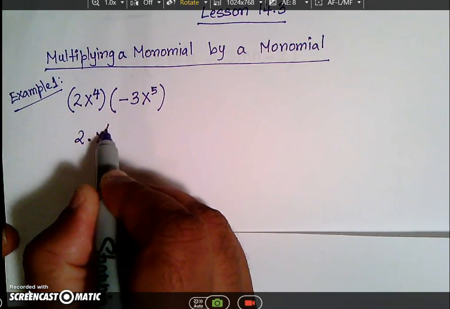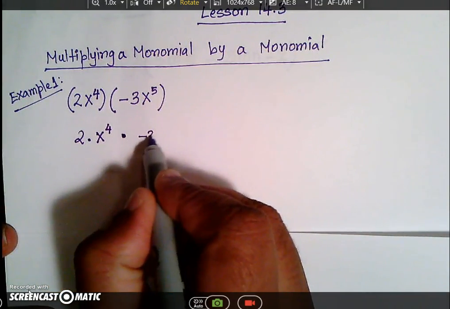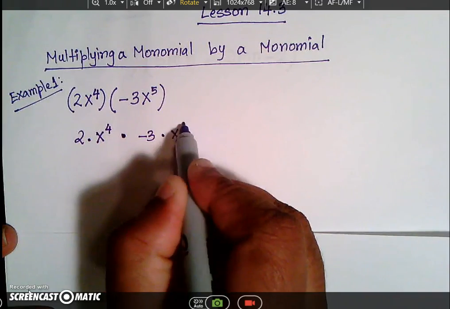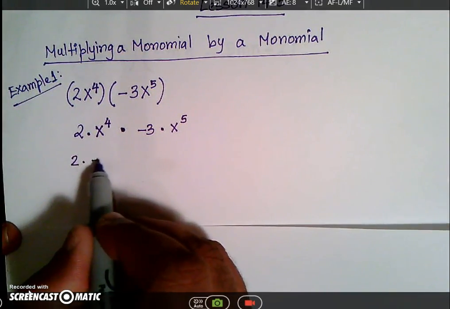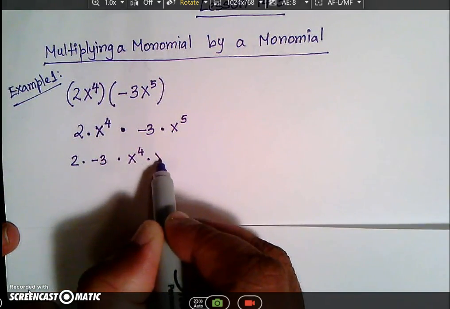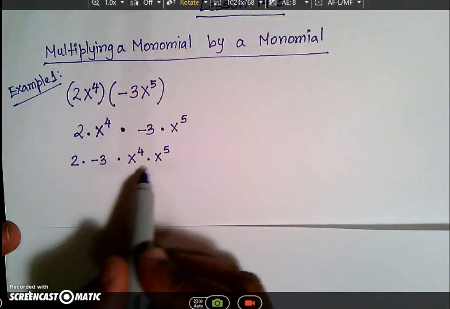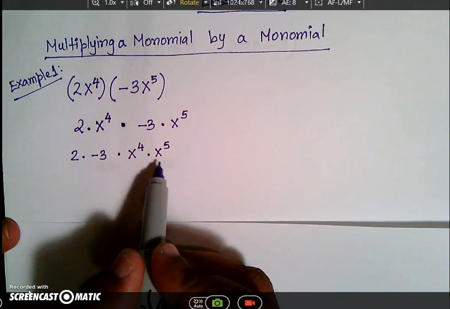So this is 2 times x to the power of 4. And I have this multiplication. That's negative 3 times x to the power of 5. So I'm going to multiply the number and the number, 2 times negative 3, and I have the x to the power of 4 and x to the power of 5. These two guys are similar exponents because they have the same base.